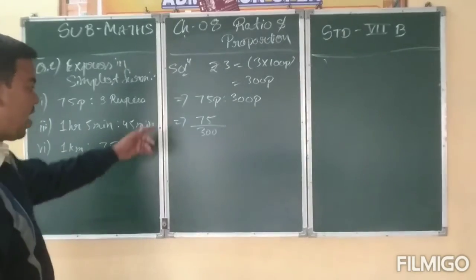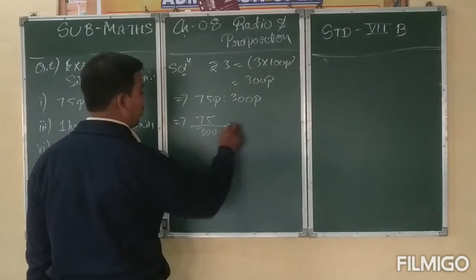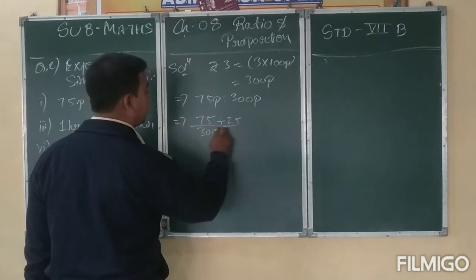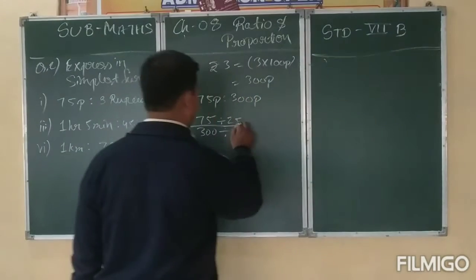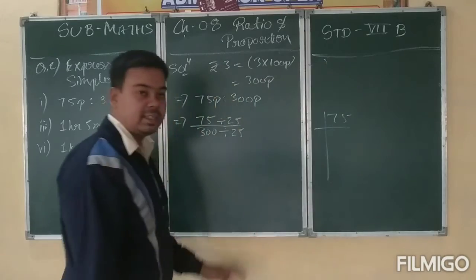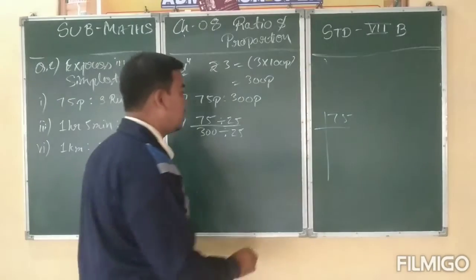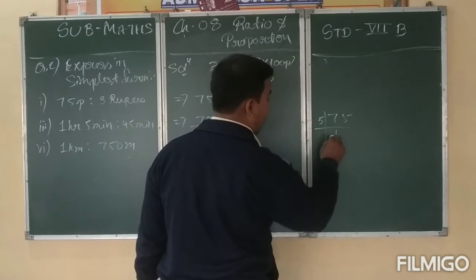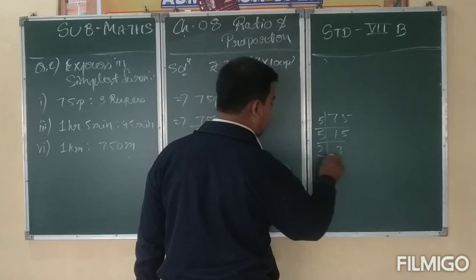Now you find the LCM of 75 and 300, or I divide by 25. Okay. So 75, find the HCF to divide both the terms, numerator and denominator. 5 1s are 5, 5 5s are 25, 5 3s are 15, 3 1s are 3.